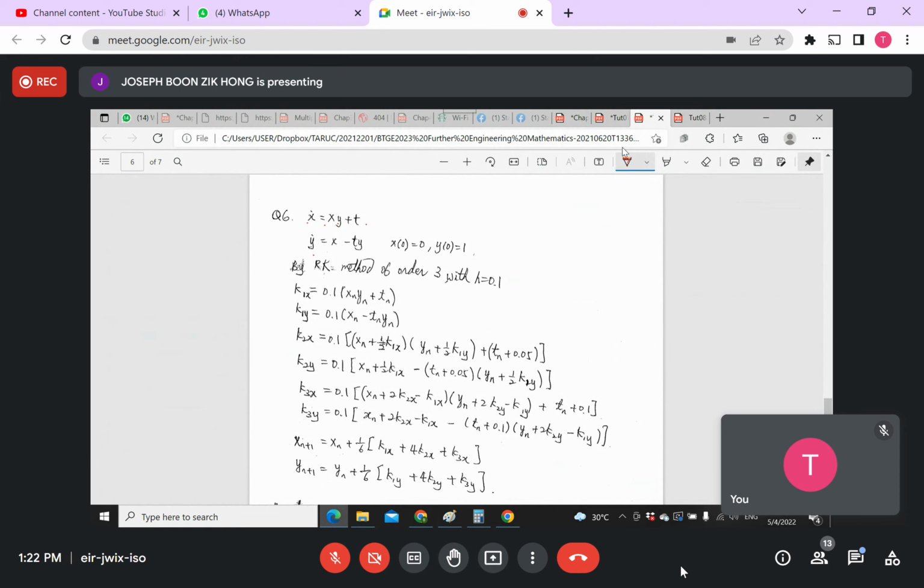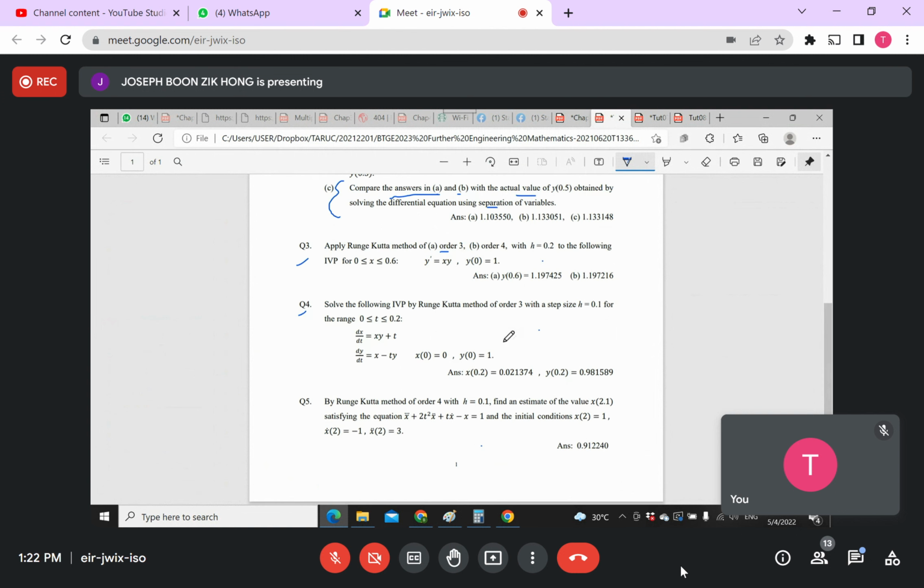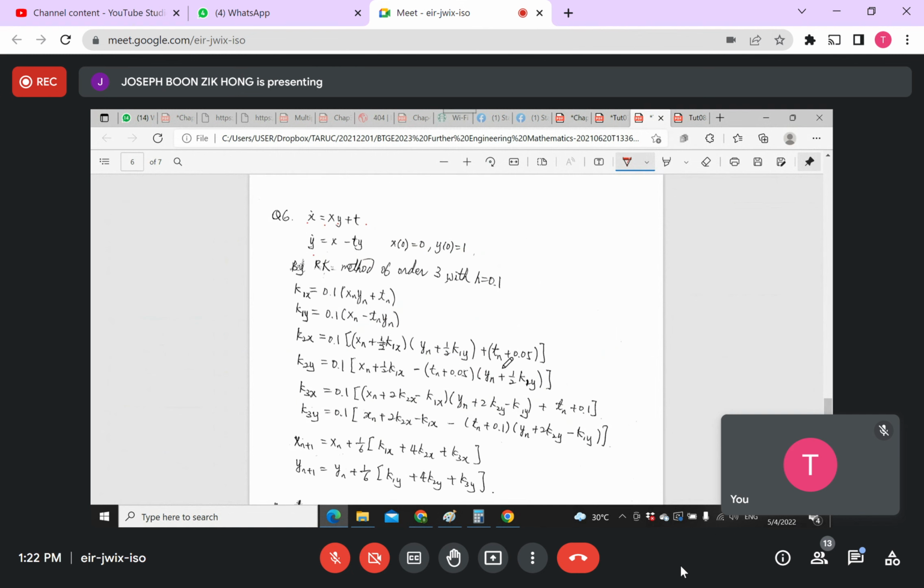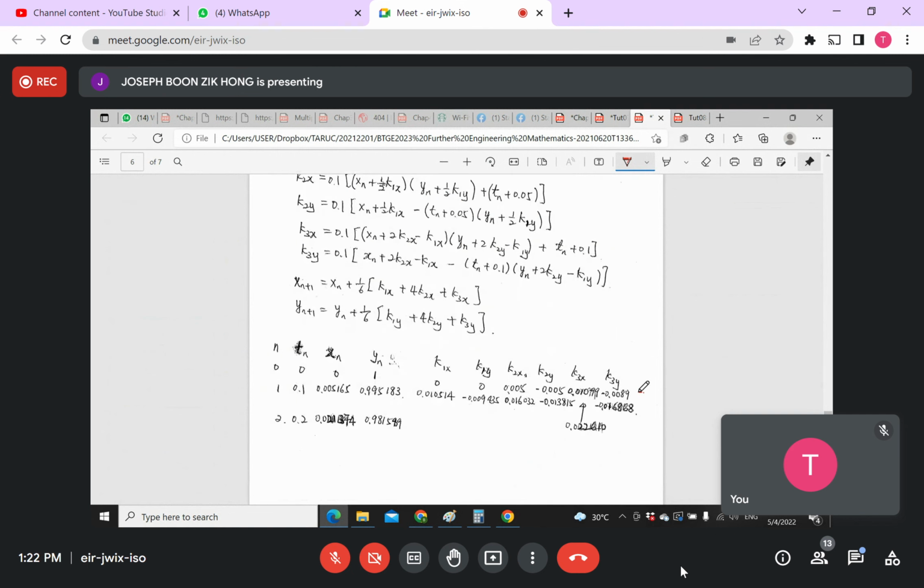Starting from 0, you look at the question because it's 0 until 0.2. So that means you need to use 0 in order to get K1, K2, K3, and then you use 1 to get K1, K2, K3 in order to get to 0.2 and then stop. So you have to do it 2 times. But because this is a system, you need to calculate K1, K2, K3 for 2 variables.